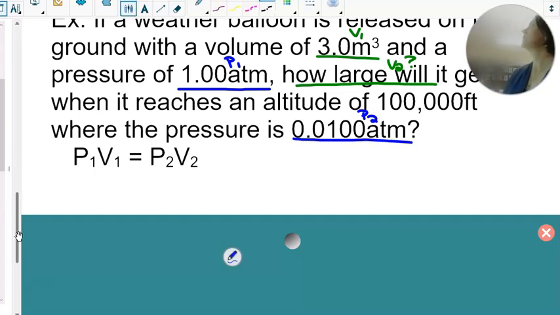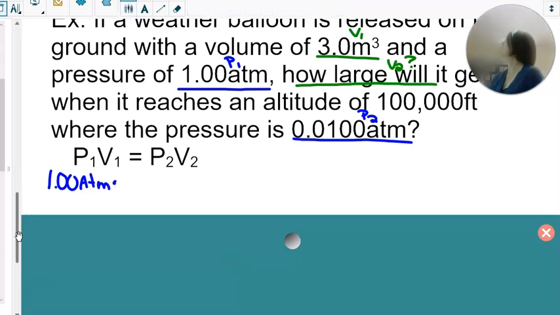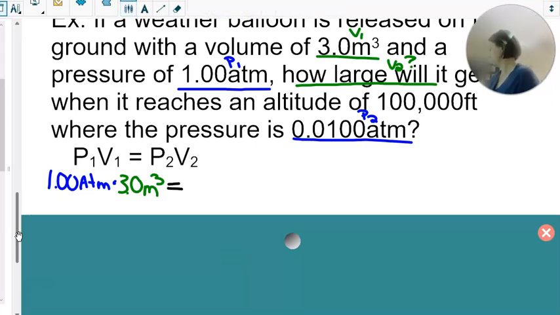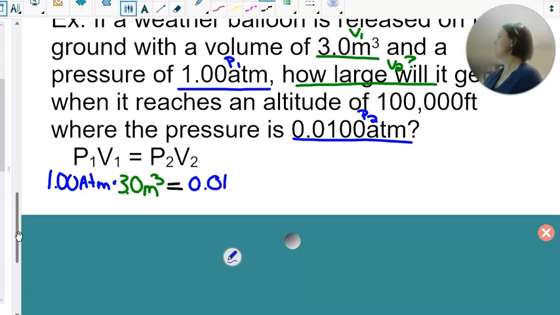And P1 is 1.00 atm times our V1 is 3.0 meters cubed equals our P2 is 0.0100 atm times our V2, which is our variable.